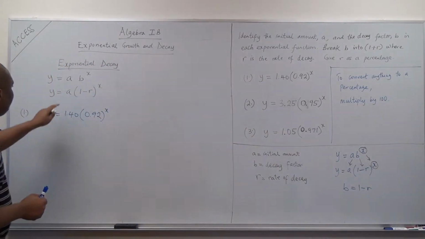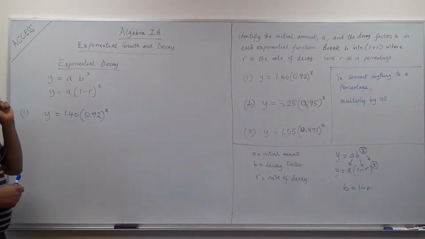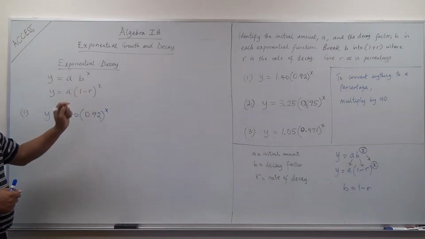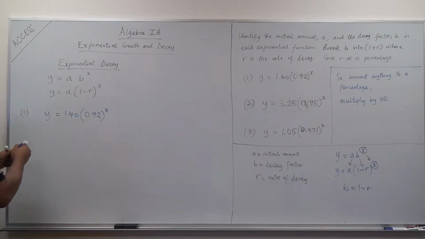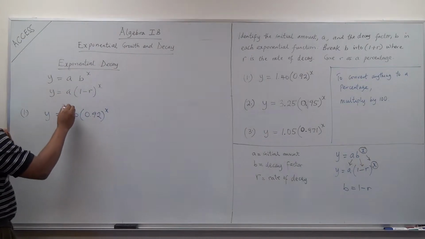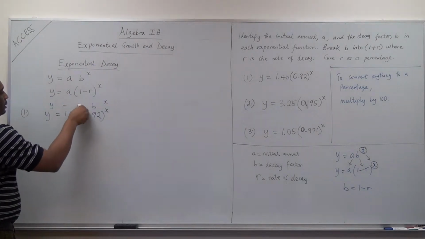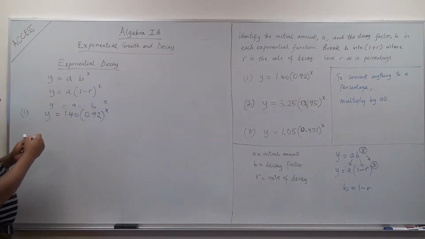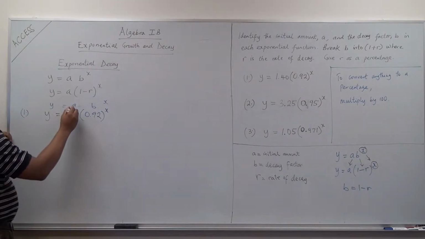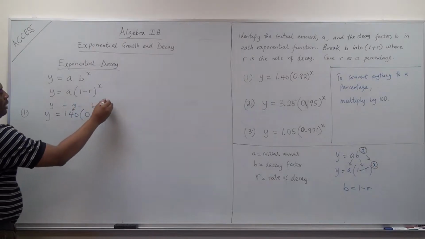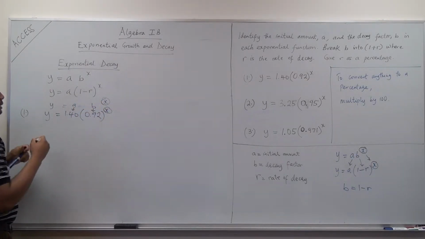Alright, let's look at number 1. Just like we did the other time, the only difference is 1 minus R. If we compare y to the ABX form, you see that our A is 1.40, our X is our X, then our B is this.